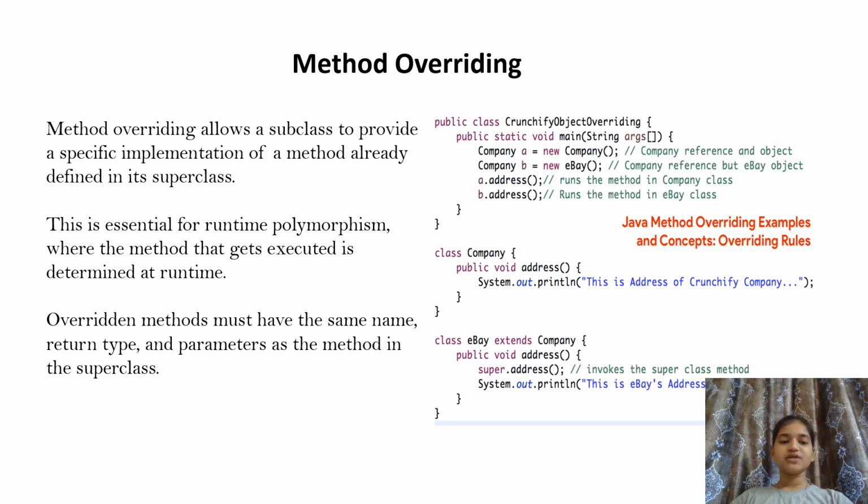This is essential for runtime polymorphism, where the method that gets executed is determined at runtime. Overridden methods must have the same name, return type, and parameters as the method in the superclass.